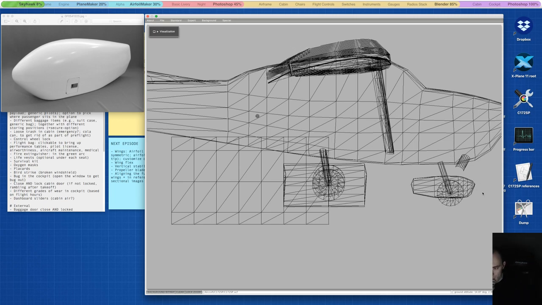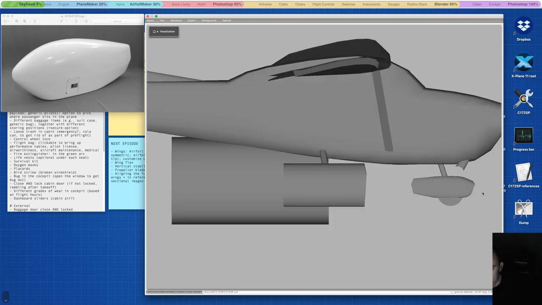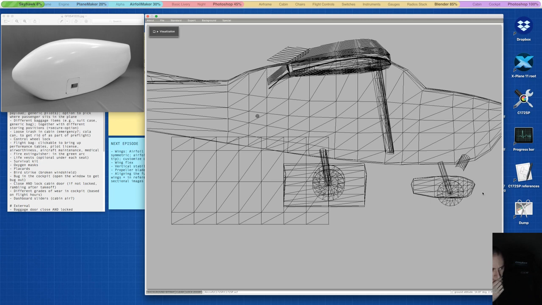Yeah, that's better. A bit more that way.